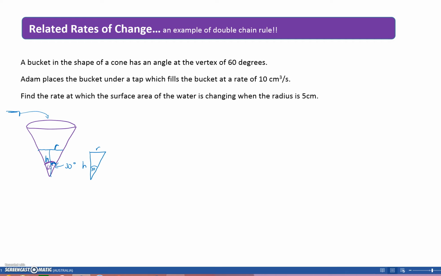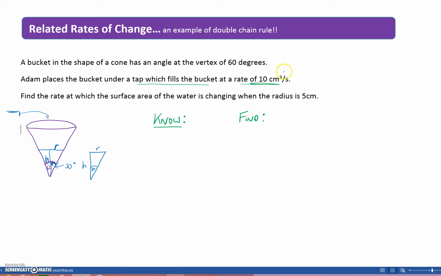Like any related rates question, remember we've been focusing in on two questions. What do we know? So what does the question tell us, and what do we want to find? So the rate that we actually know when we read this question is that the tap is filling up the bucket at a rate of 10 centimeters cubed per second.